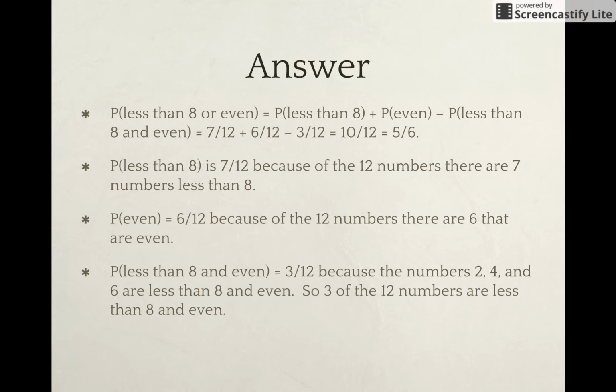To calculate the probability of selecting a number less than 8 and even, we'll think about numbers less than 8 that are also even. Those are the numbers 2, 4, and 6. So that's 3 numbers out of the 12. So putting that all together, we end up with 5/6 as our probability. That's computed with the 7/12 plus 6/12 minus 3/12.